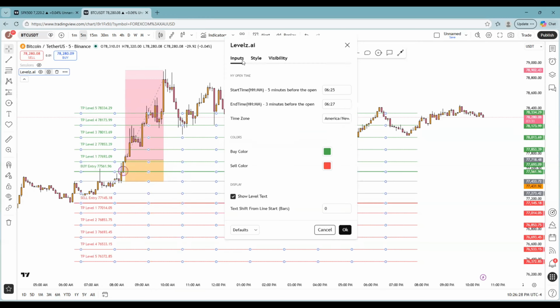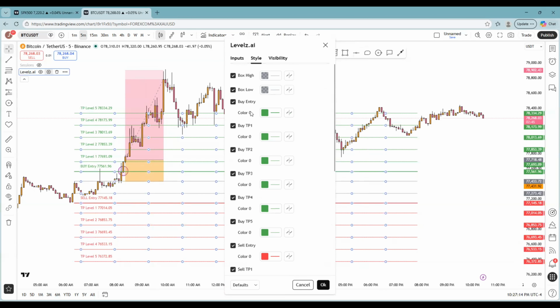So here with the Levels system that we've been using, you have different times that you can use: the New York session, the Asian session, your Tokyo, your London. You can pretty much put all the sessions in here on this screen. You can also customize your colors for your buy and your sell.